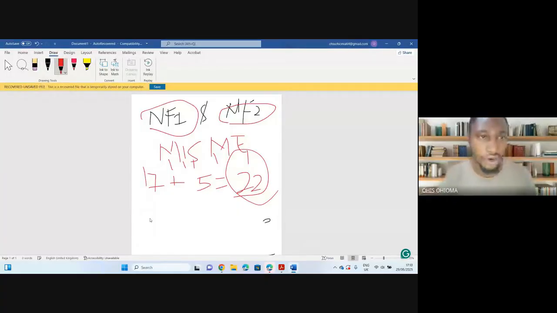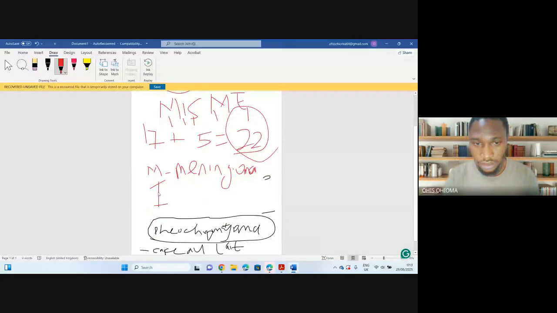The M stands for meningioma. The I, I usually put as ipsilateral, so the meningioma is ipsilateral.